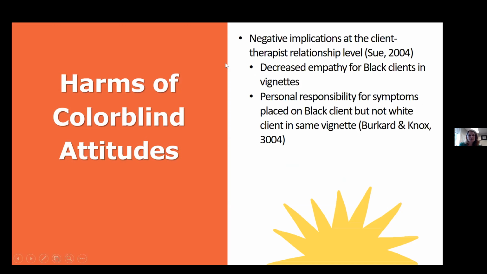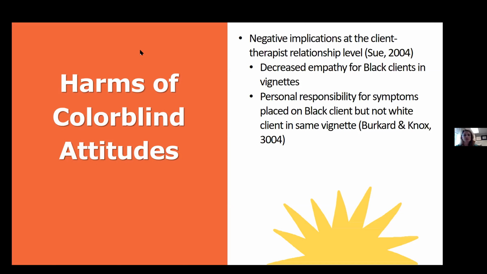And there is evidence that this is harmful at the client-therapist level. There have been probably between 10 and 20 different studies on this. Just some examples: decreased empathy for Black clients in vignettes, and of course these are in experimental conditions where the same conditions are flip-flopped with different races, as well as placing responsibility for symptoms on Black clients but not for white clients in the same vignette.